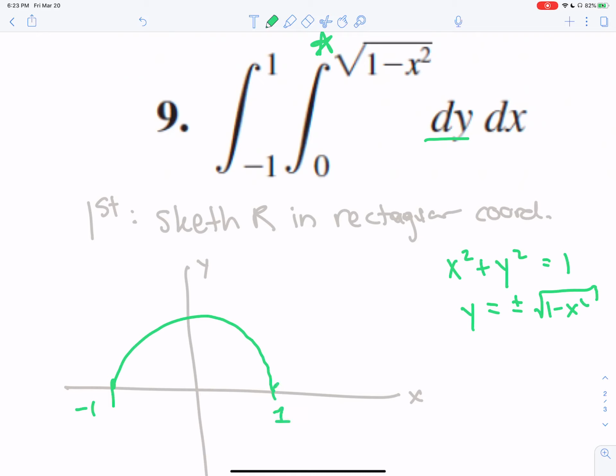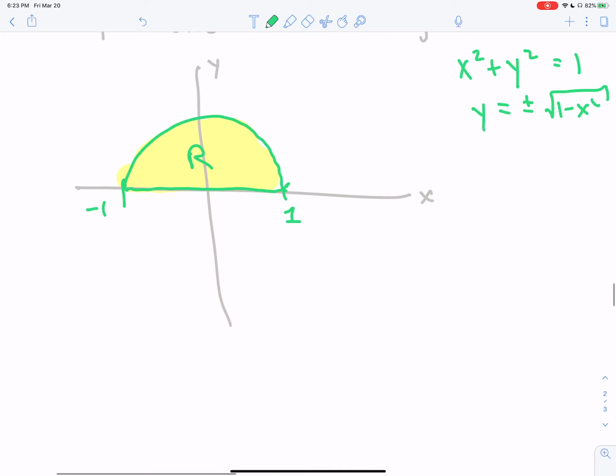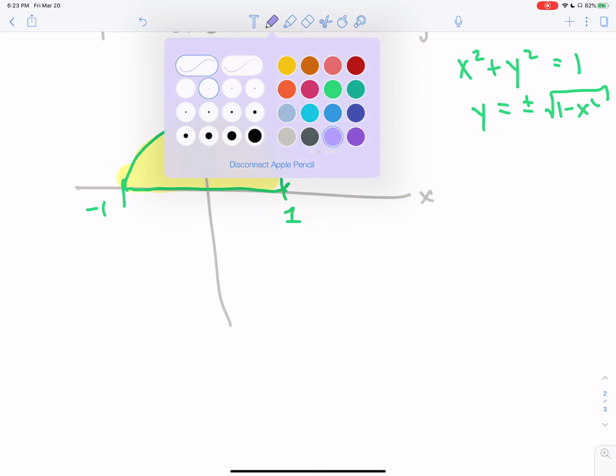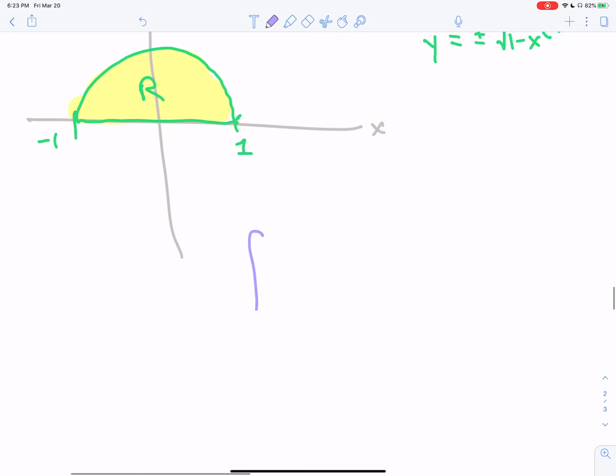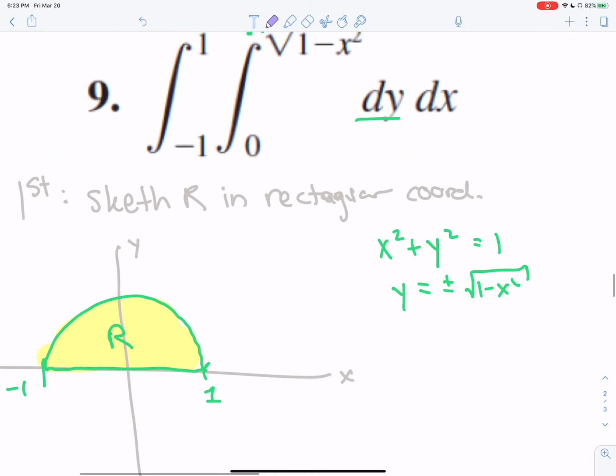All right, so this right here is our region that we're integrating over, and we need to convert that to polar coordinates. Now this one's going to be really easy in polar. Let's do an integral. Was there a function inside? Yep, no function, so we're just integrating 1.